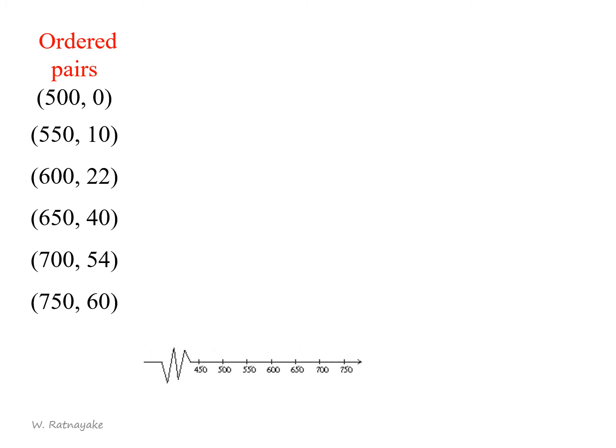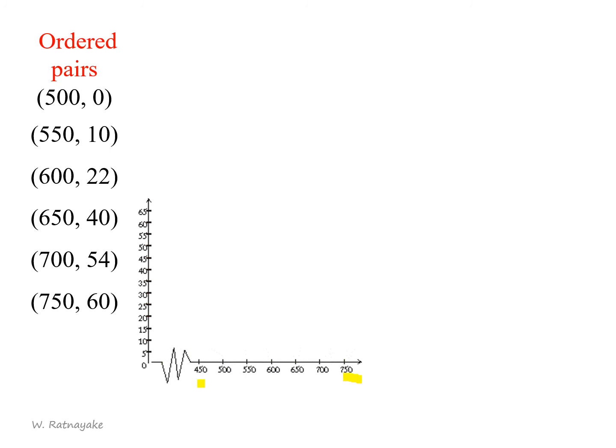We have started with 450 up to 750. The vertical axis we have to number up to 60, but here we have numbered it up to 65, so we have to be careful to take values only up to 60.